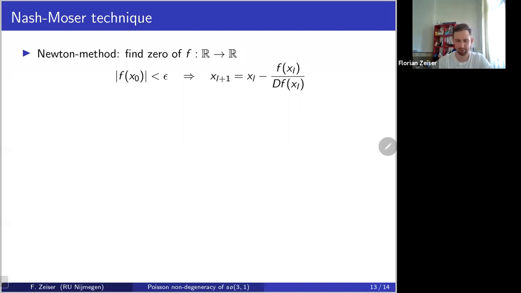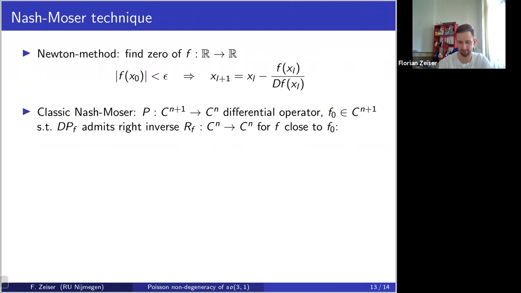Based on this idea, Nash developed the following, which is now a classical method for Fréchet spaces. To outline the idea in the classical setting, we take a differential operator P from C^{n+1} functions to C^n functions, and we have some function f_0 which is n+1 times continuously differentiable.